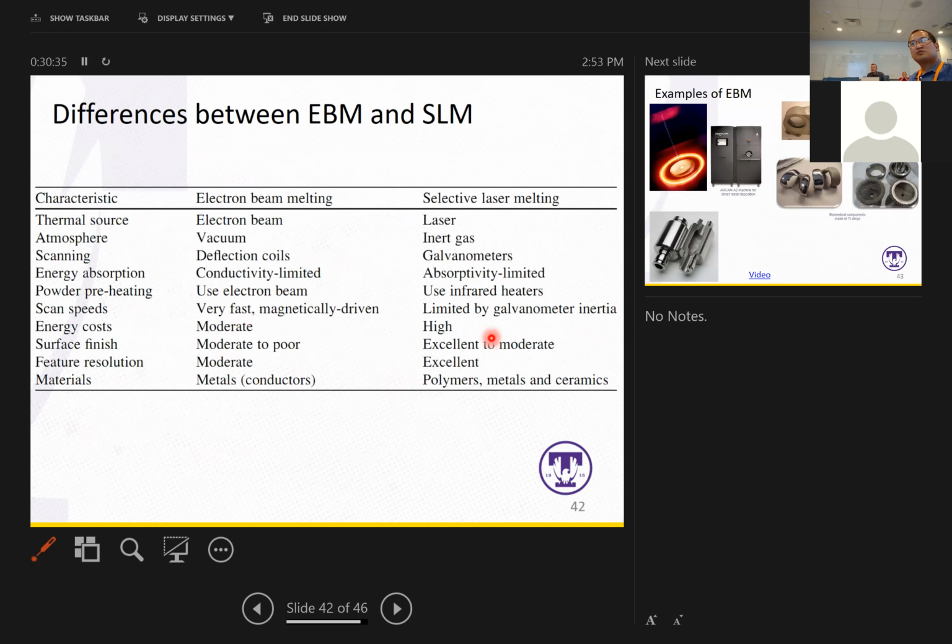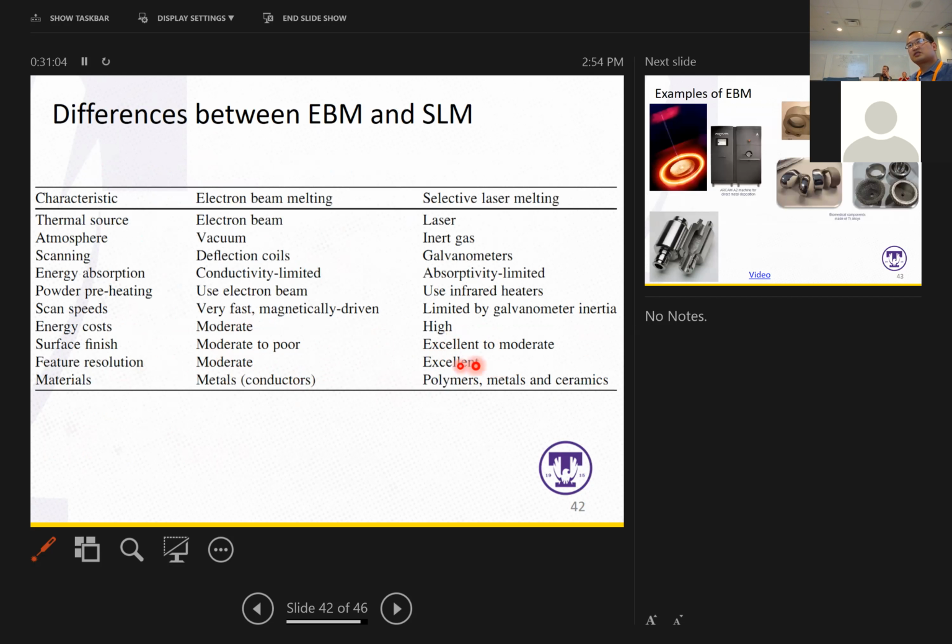Some prefer electron beam melting over selective laser melting. But according to this book, actually I got this from a book, it says selective laser melting is generally better. And for the feature resolution, it seems selective laser melting is also better.